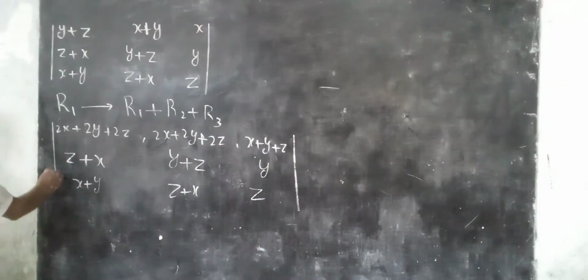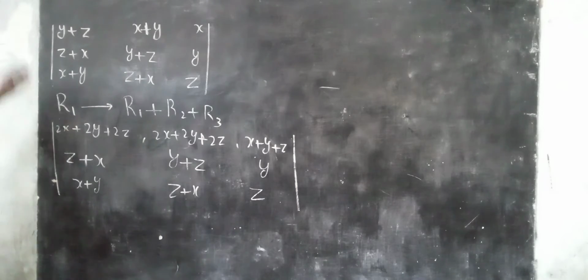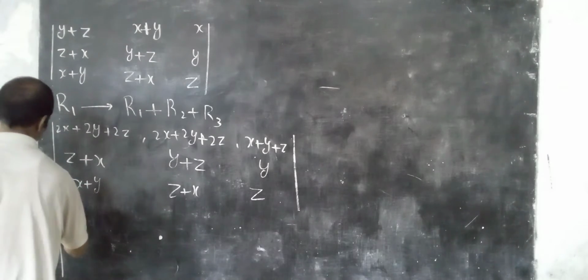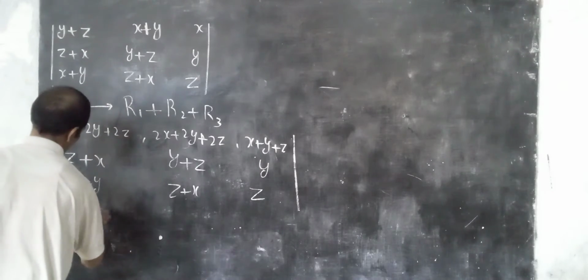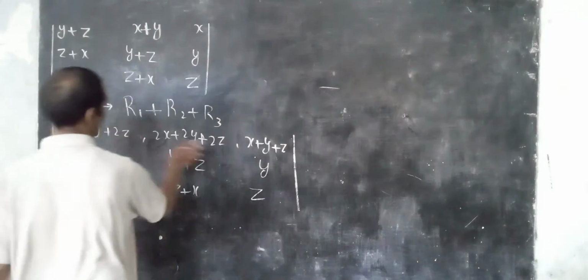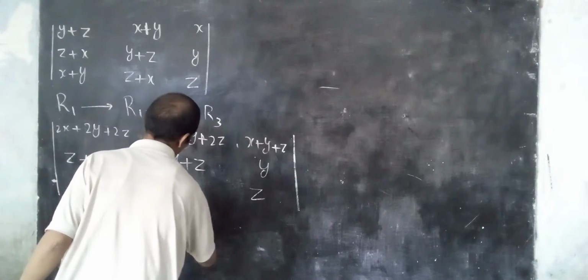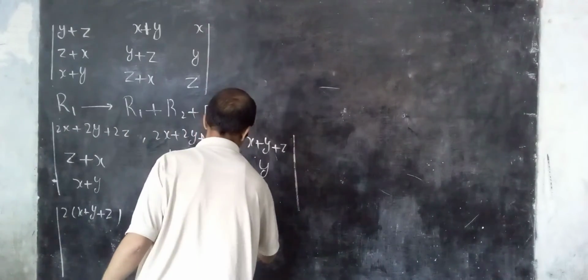Now here in each term of row one, x plus y plus z, 2 is common. So write x plus y plus z, 2 is common in each term: 2x plus y plus z. This is your x plus y plus z.